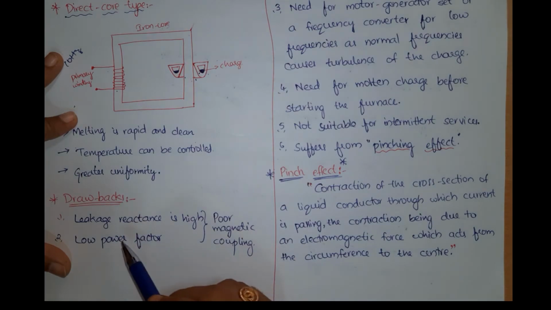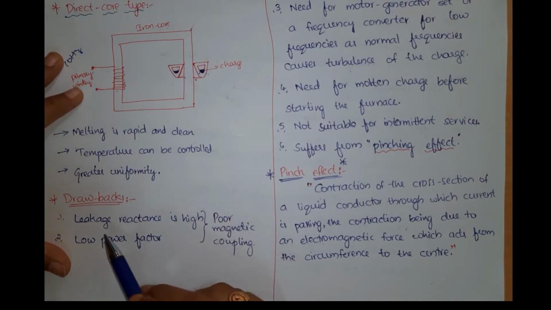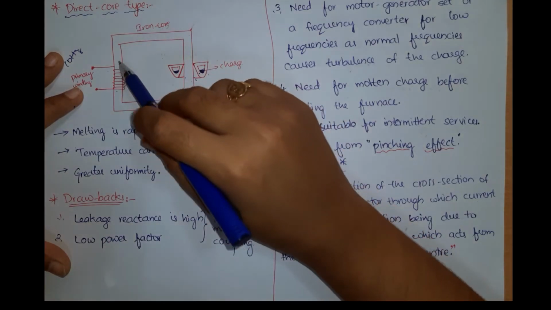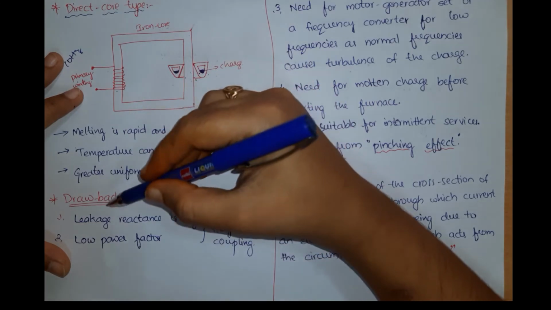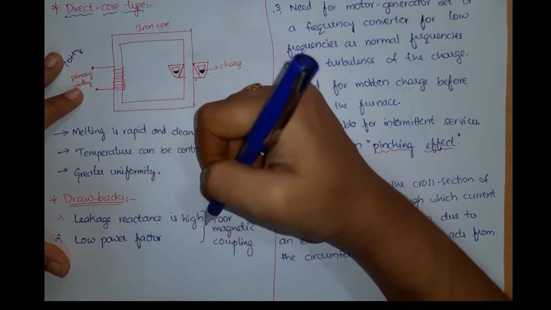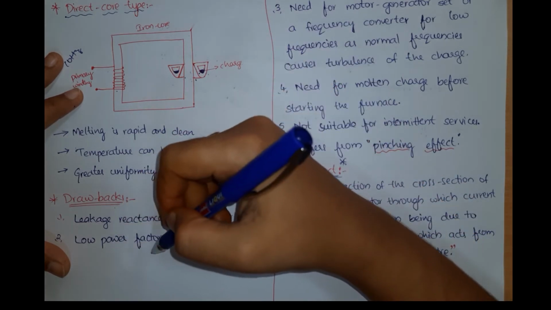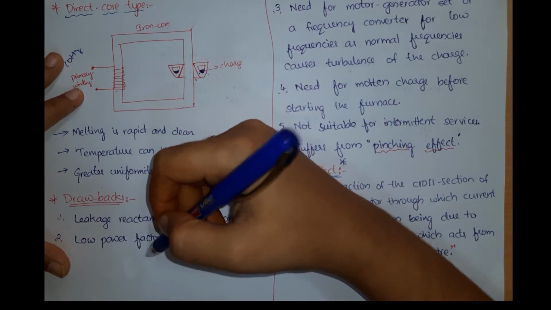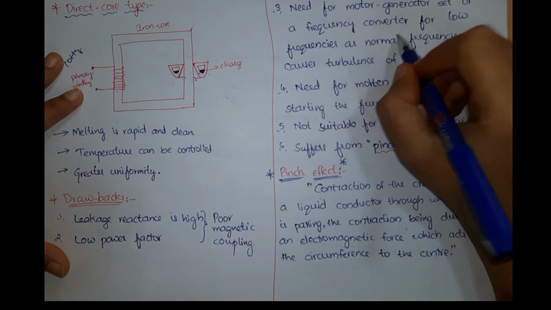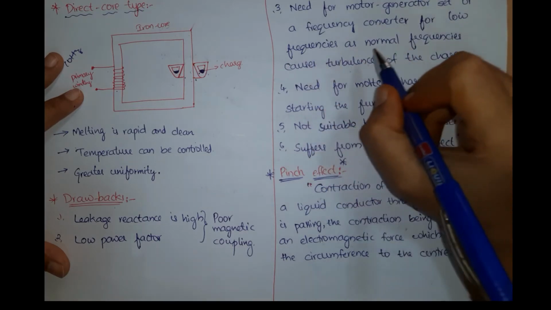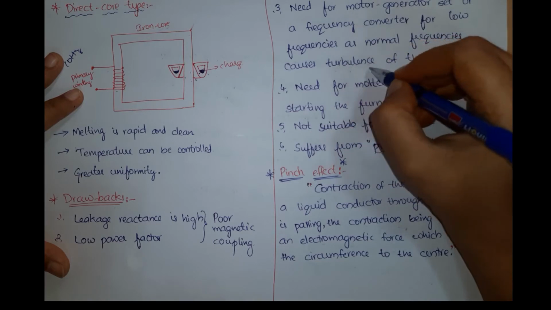Now coming to the drawbacks. We have already seen that as the magnetic coupling between the primary and secondary is not strong, the leakage reactance is high. Due to poor magnetic coupling, leakage reactance is high and power factor is low. Also, there is a need for a motor generator set or frequency converter for low frequencies, as normal frequencies cause turbulence of the charge. What is turbulence of the charge?